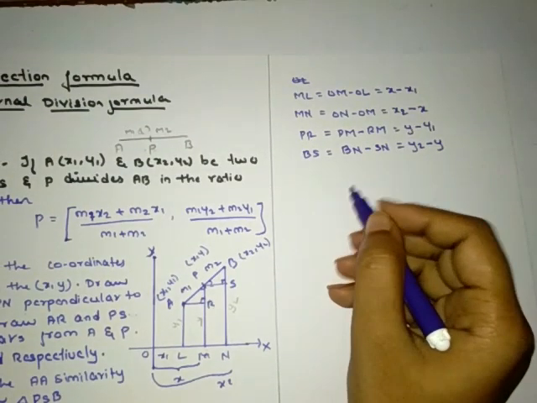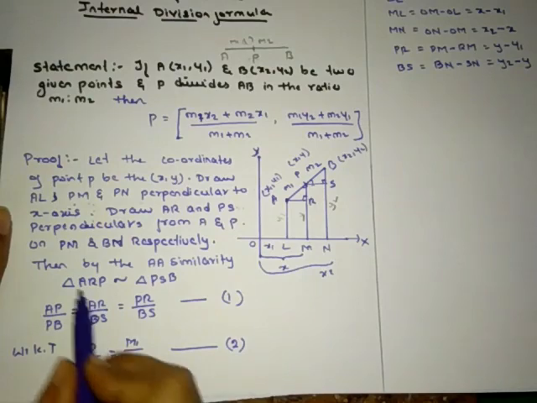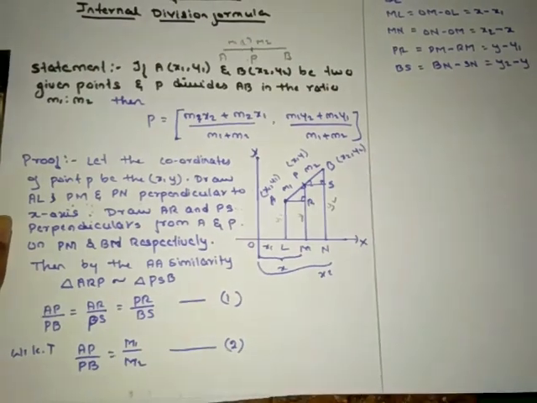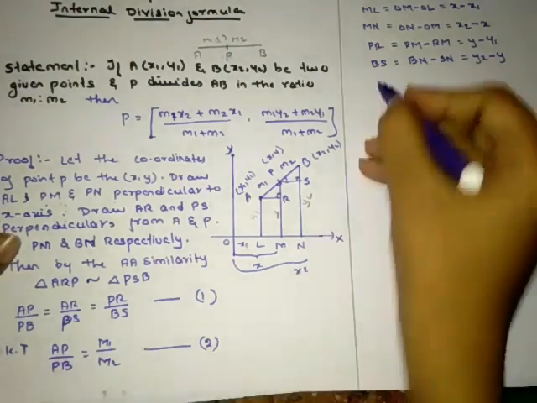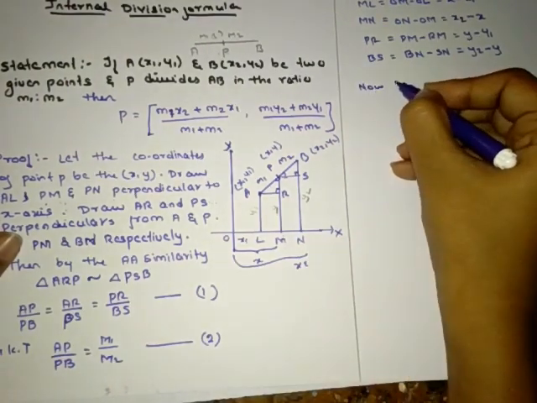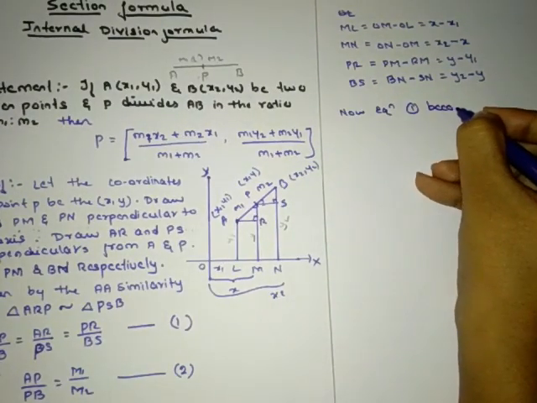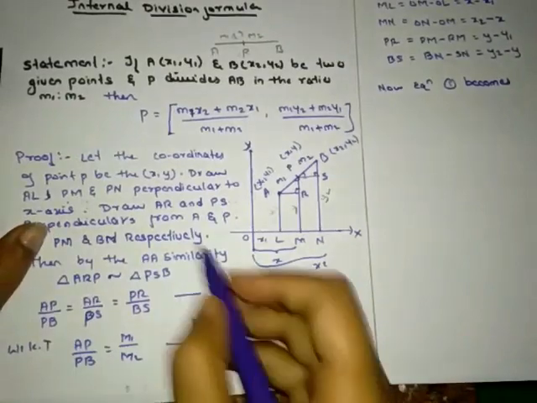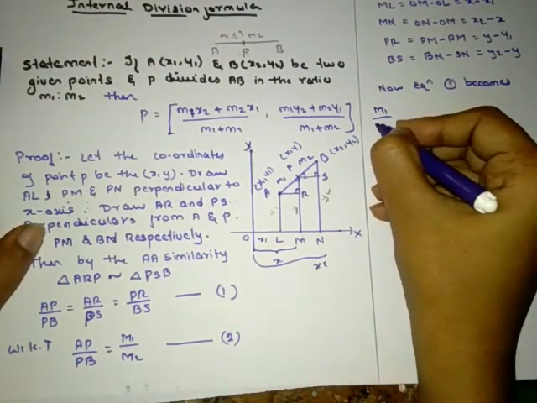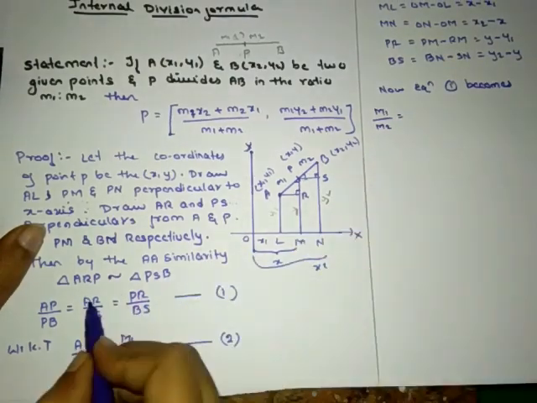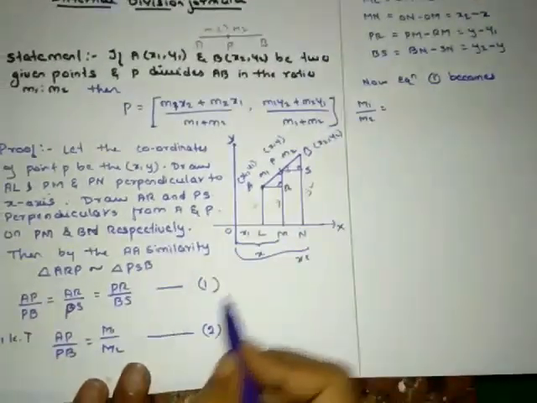Next we'll substitute all these 4 values in the first equation. Here equation 1 becomes AP divided by PB, it is m1 divided by m2, that is equal to AR. Here we got the AR value, isn't it?